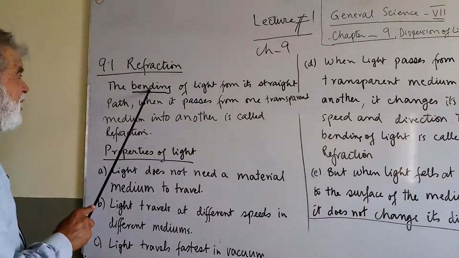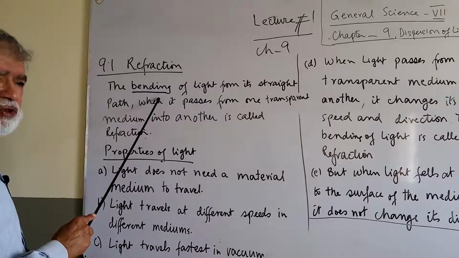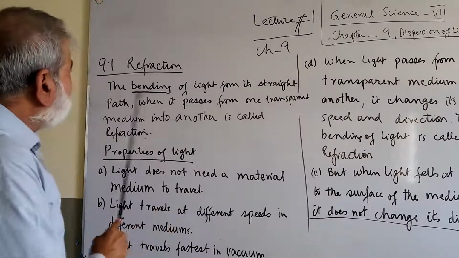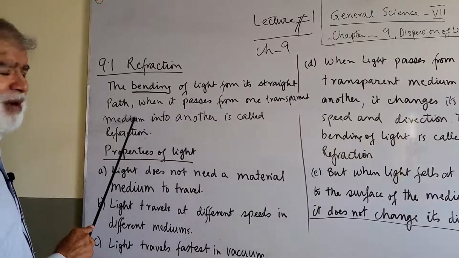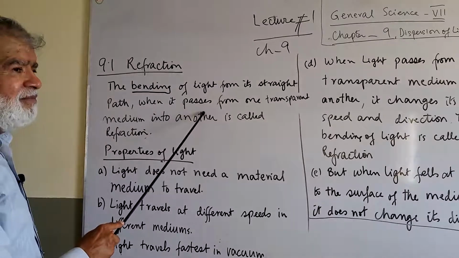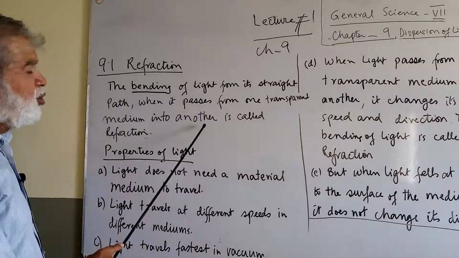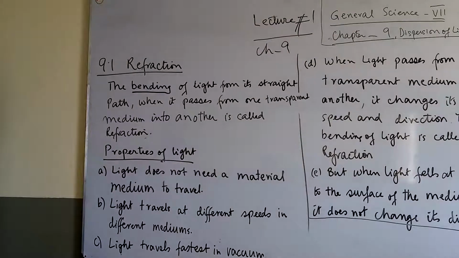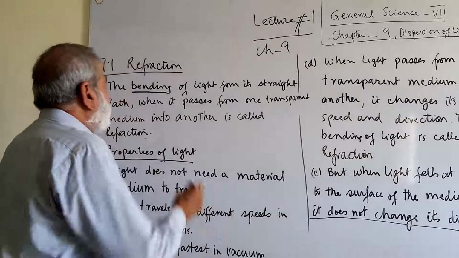The bending of light यानी रोशनी का अपने रास्ते से झुक जाना, from its straight path, अपने सीधे रास्ते से लाइट का बेंड हो जाना, when it passes from one transparent medium into another is called refraction. अभी आप इसमें देखें कि जो मेन पॉइंट्स हैं, नंबर 1, bending of light.